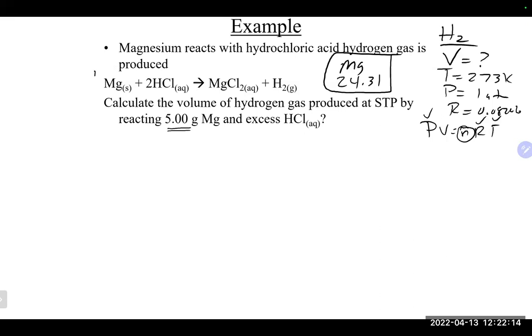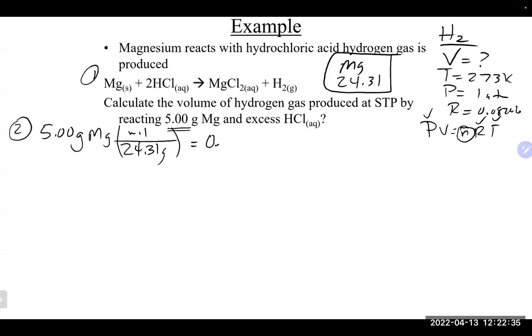So first step there, we got our balanced equation. Second step is we're going to convert to moles using the molar mass from the periodic table, 24.31 grams per mole. That's going to get us 0.2057 moles of magnesium. Remember that we're not really interested in magnesium, but we need hydrogen.